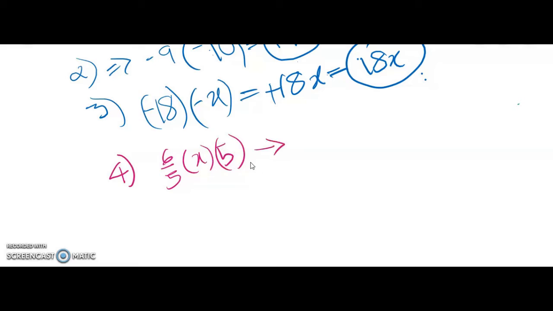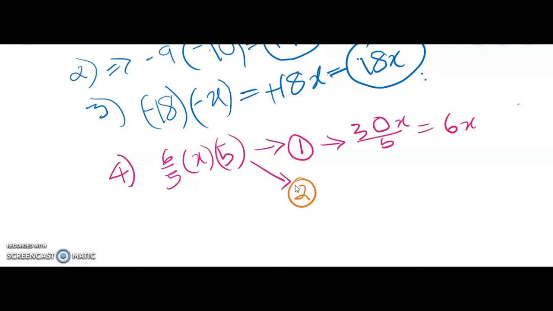Now you could solve this two ways. You could solve it with method 1, 6 times 5, which would be 30x over 5, which would be 6x.